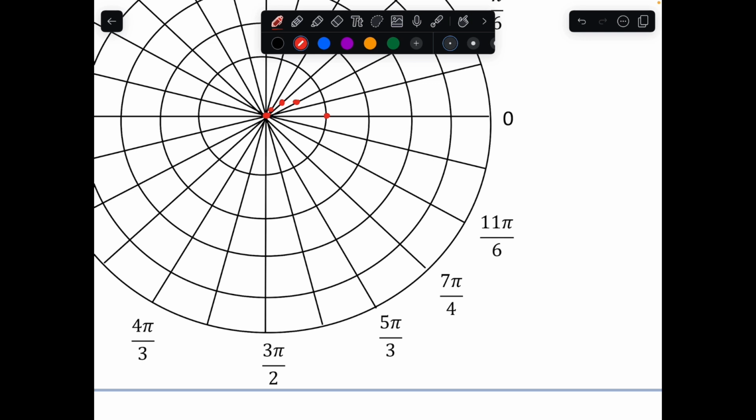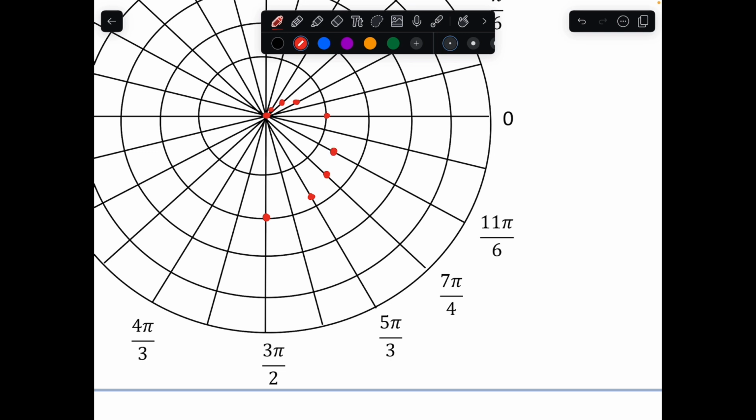And then we followed this all the way down, and we come back to these angles. So we then had a value of 2 at 3 pi over 2. So follow the 3 pi over 2 and go to the second circle. Then we had a value of 1.85 at 5 pi thirds. So it'll be somewhere over there. We then had a value of 1.7 at 7 pi over 4. And then a value of 1.5 at 11 pi over 6.